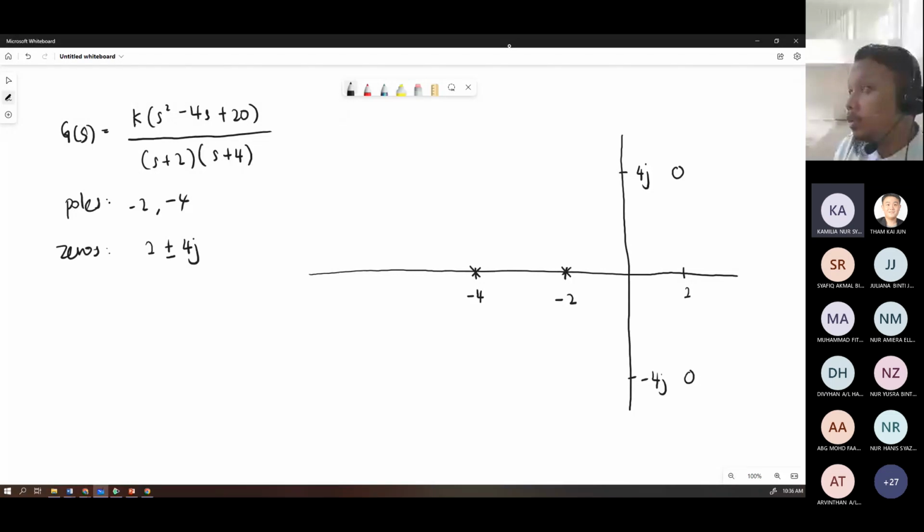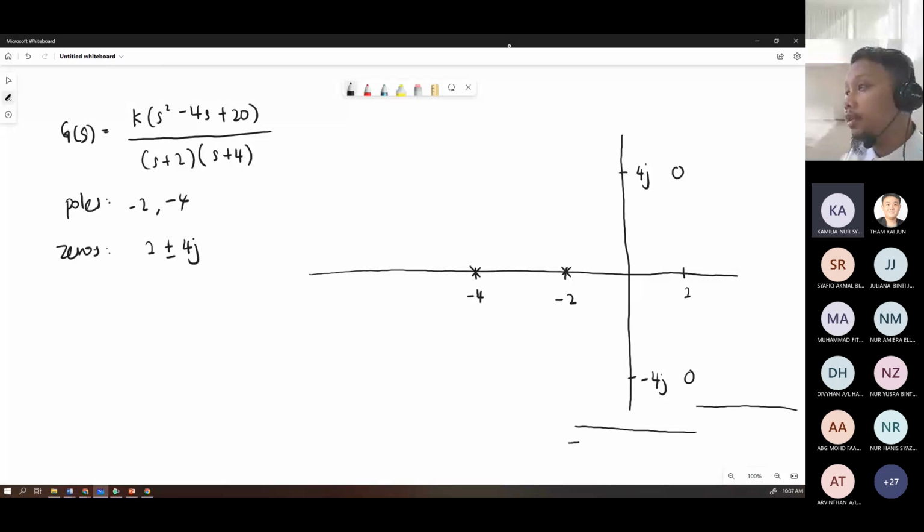From infinity to 2 here, there are no poles or zeros, so there will be no root locus on the real axis. And then from 2 to -2, there are two zeros. So it's an even number, so there will be no root locus on this real axis.